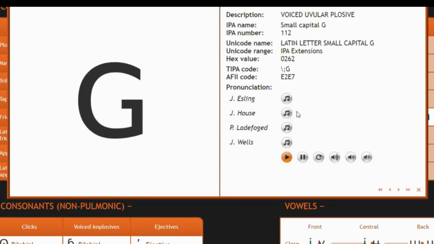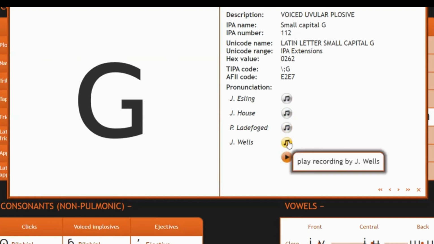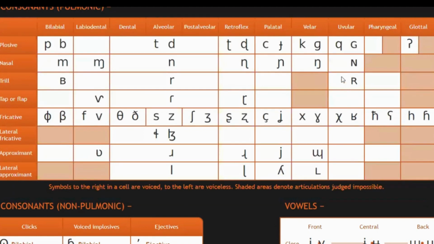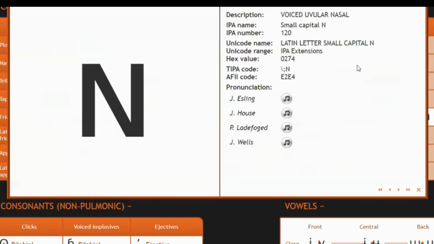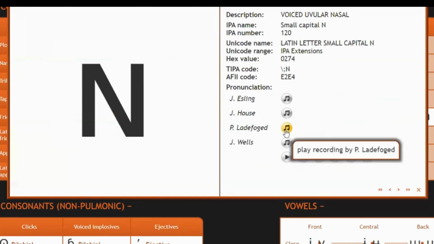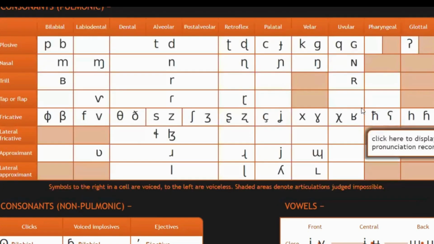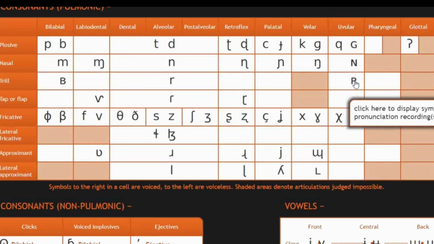Ga. Then we have the uvular nasal. Nga, nga.